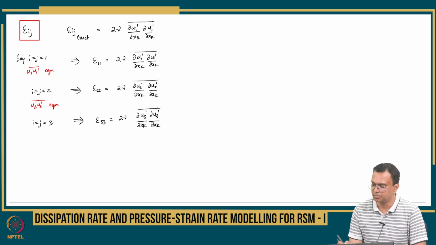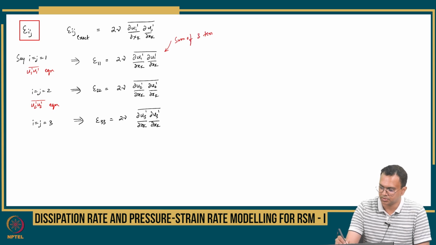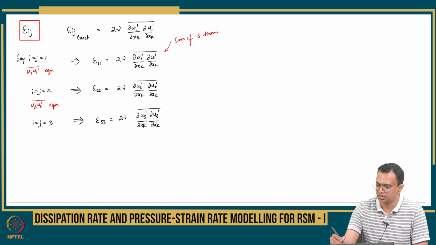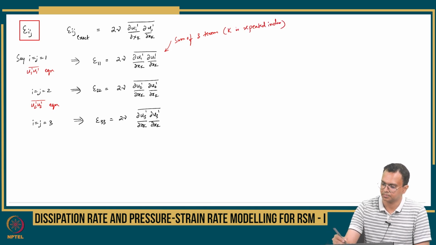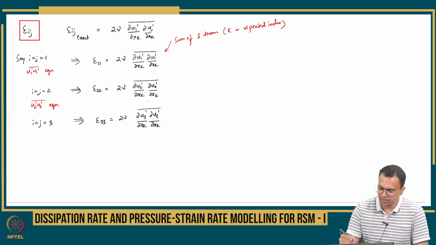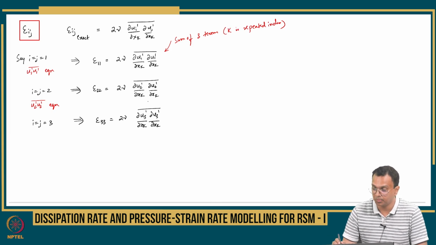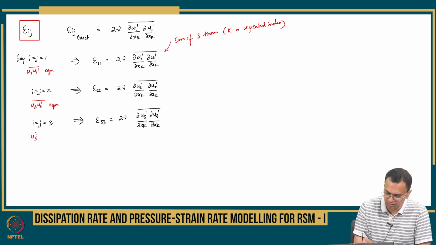K is a repeated index, so each of these is a sum of 3 terms. These 3 components are there for the 3 different normal stress equations.